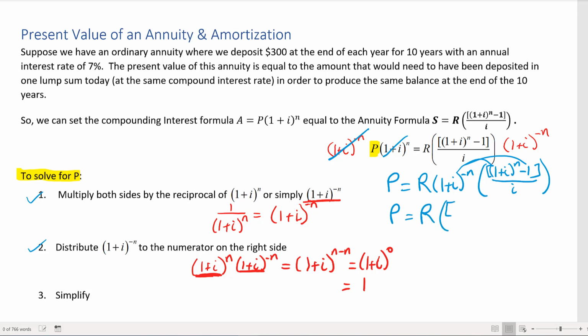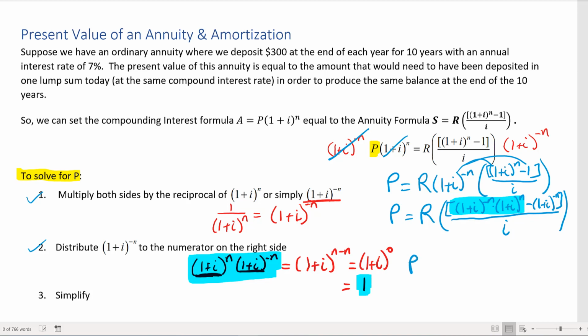In the numerator I have (1 + i)^-n times (1 + i)^n, minus (1 + i)^-n times the 1, that gets (1 + i)^-n again, all over i. And what did we notice happens right here? We just talked about this a little while ago. If you take (1 + i)^n times (1 + i)^-n, it turns out you just get 1.